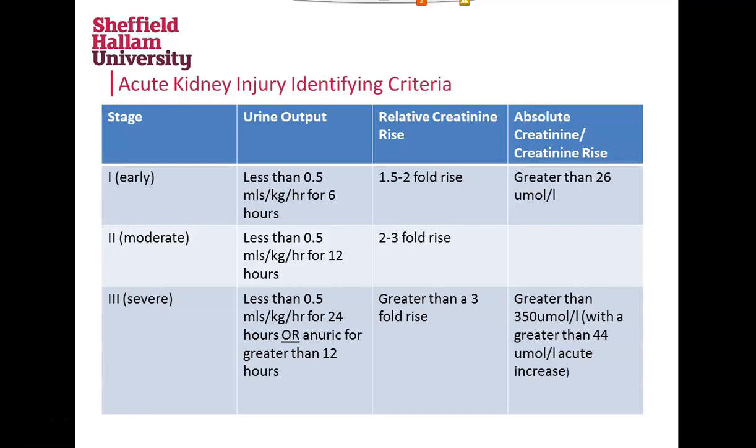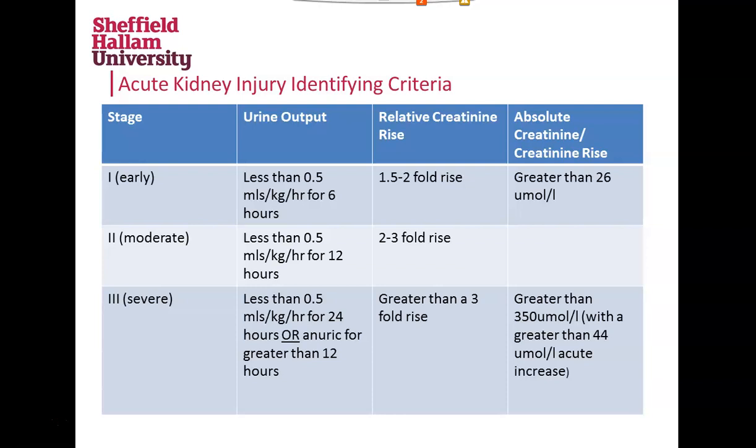So we can use the urine output and the serum or the blood creatinine to stage how severe or not severe the acute kidney injury might be. And you can see on this slide here we've got stage 1, which is being called early AKI. A patient's got less than 0.5 ml per kilogram per hour of urine, for 6 hours going on.